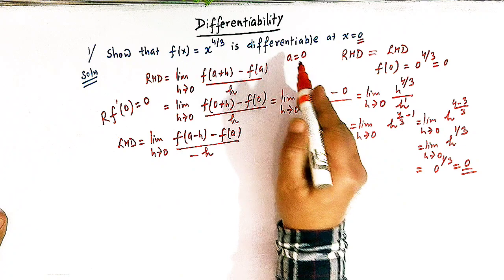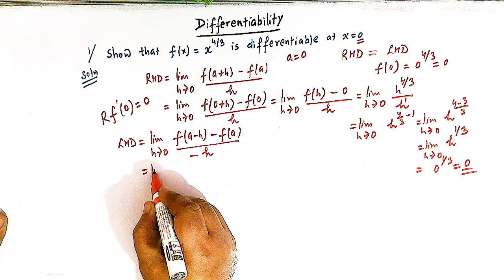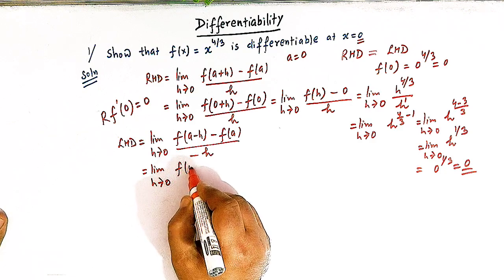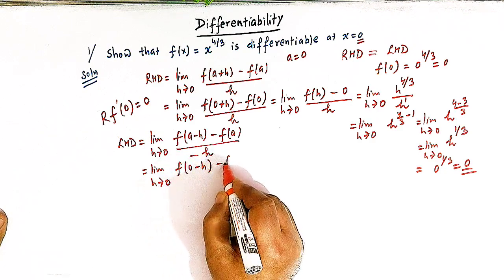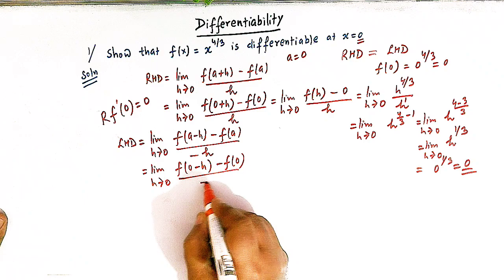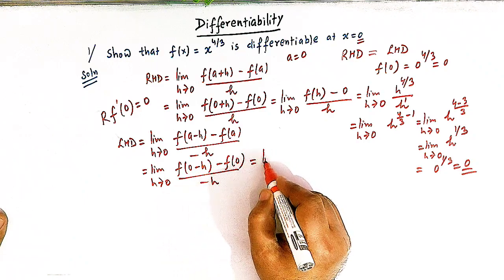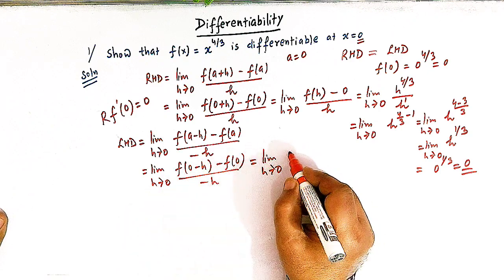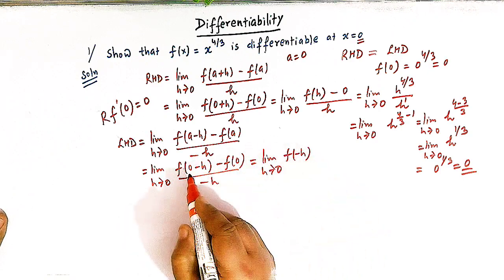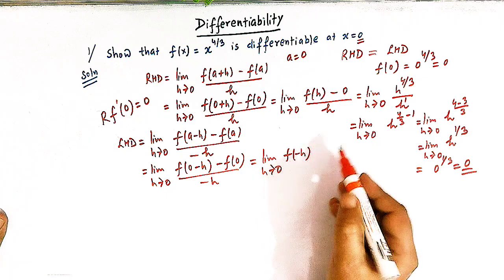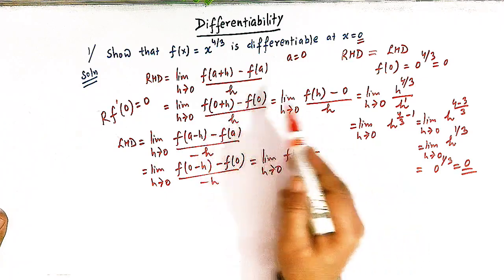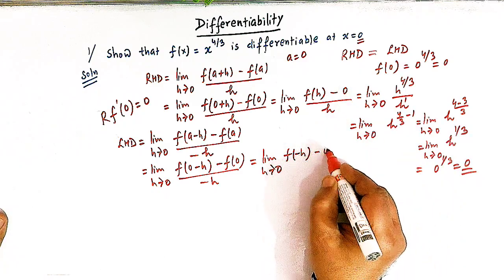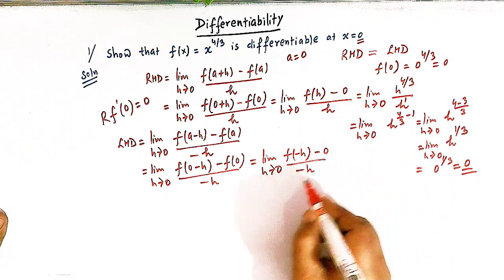Now taking a equal to 0, we can write limit h tends to 0, f of 0 minus h minus f of 0 divided by minus h. This is simply f of minus h, because 0 minus h is minus h, and f of 0 is equal to 0, divided by minus h.